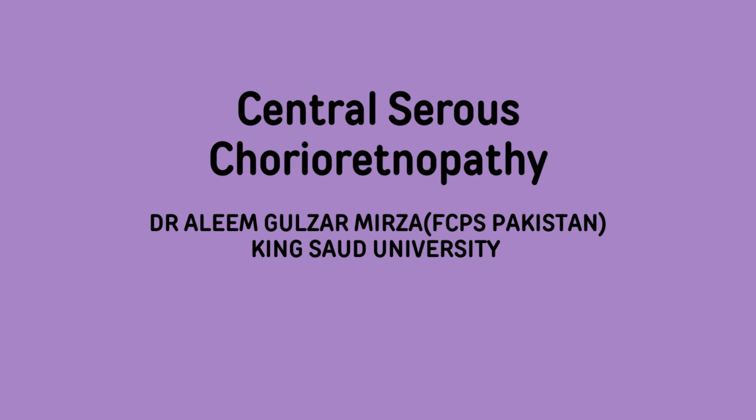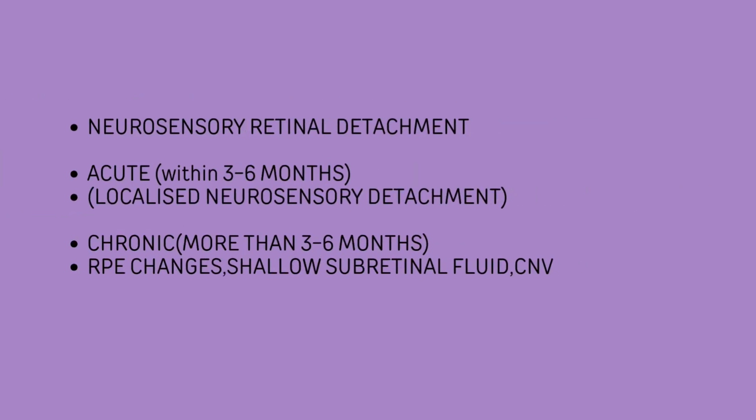Central serous chorioretinopathy is basically a neurosensory retinal detachment. It may be acute or it may be chronic. Acute is localized neurosensory detachment in the form of a dome, and usually its time period goes up to 3 months or maximum 6 months.